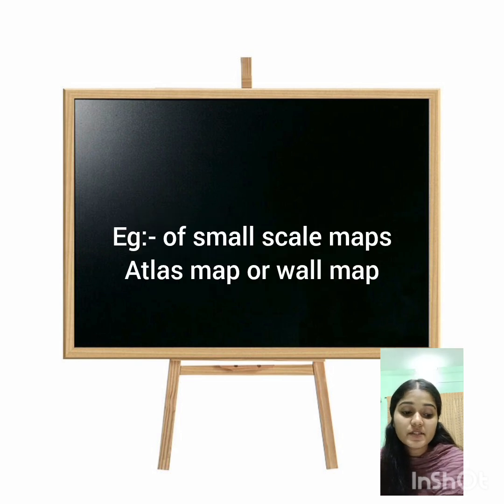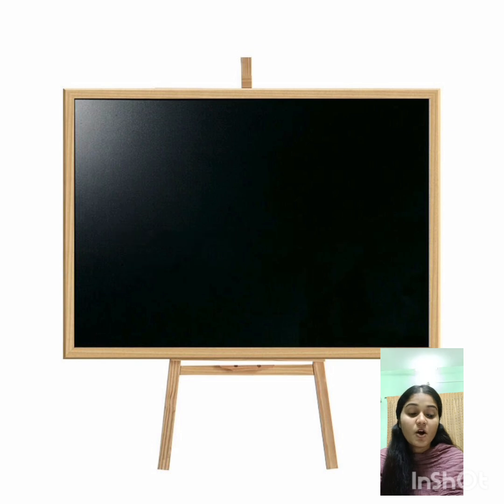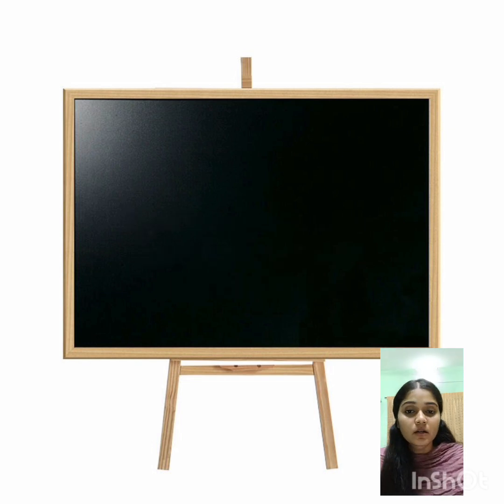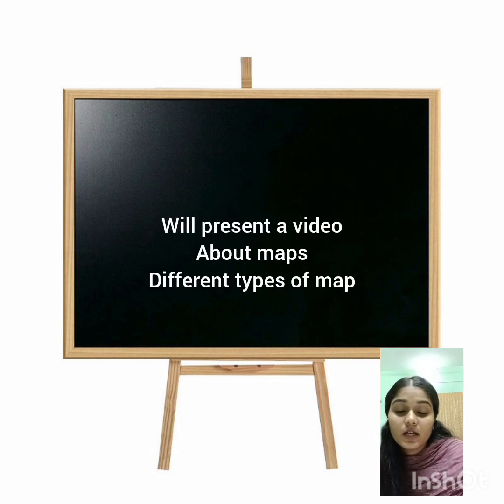The examples of small scale maps are atlas maps or wall maps. On the other hand, the examples of large scale maps are cadastral maps or topographic maps. I hope you all understood the class. Now I will present a video about maps, different types of maps and how they work.